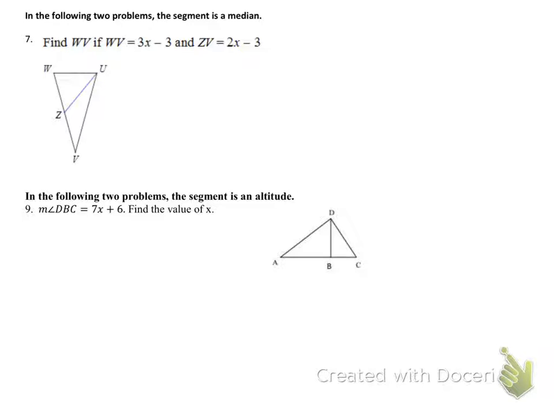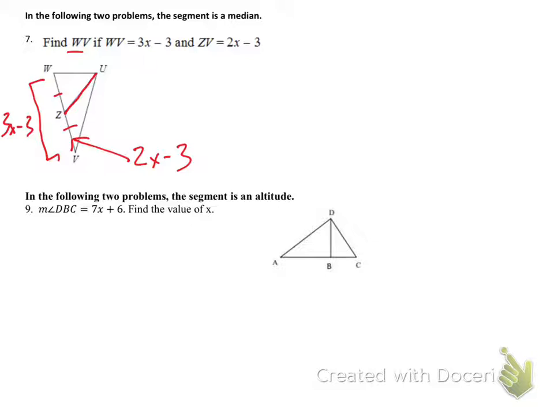All right, in the following two problems, the segment is the median. So this line right here is the median, UZ. So if it's the median, that means this is equal to this. It's saying that we've got to find WV if the whole segment right here is equal to 3x minus 3, and then ZV, this segment right here, is equal to 2x minus 3.